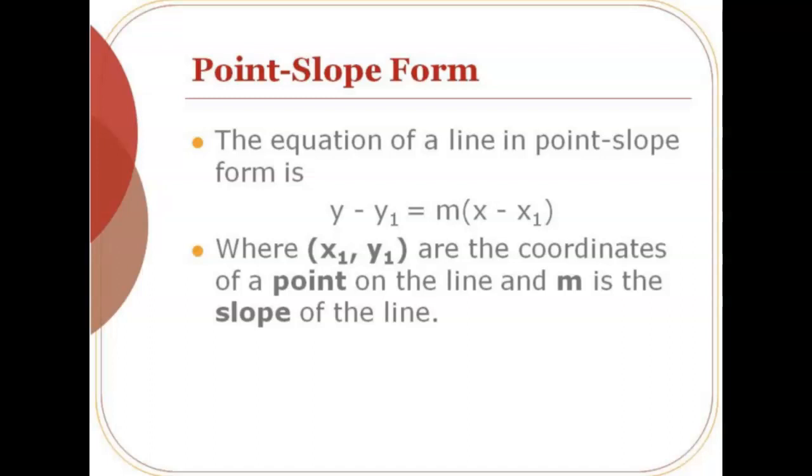If you're given 2 points, like with slope, then you can calculate your slope and then pick either point and plug it into point slope to get an equation. We're going to see examples like that today as well.